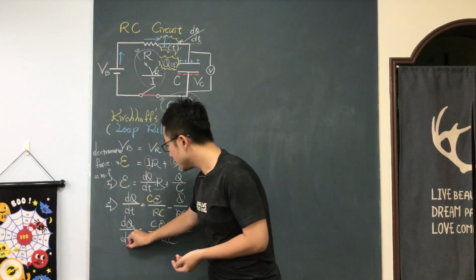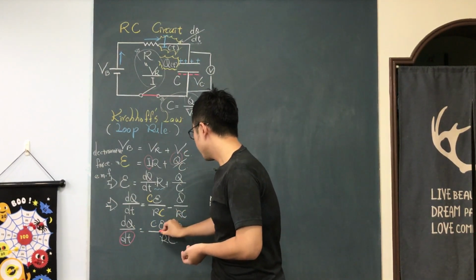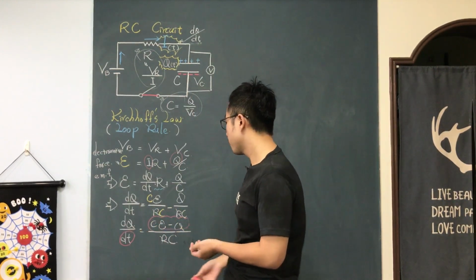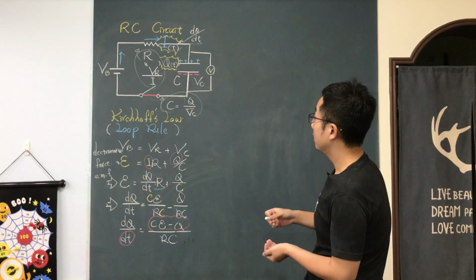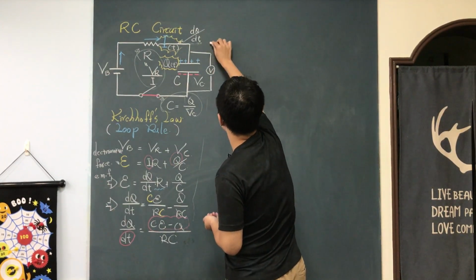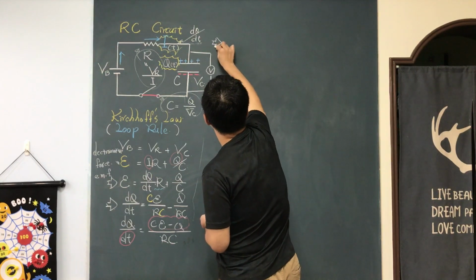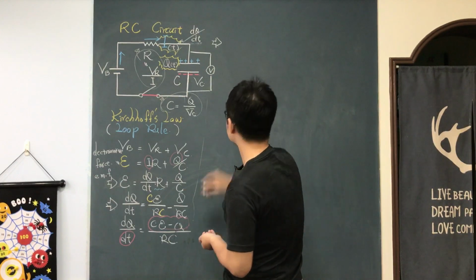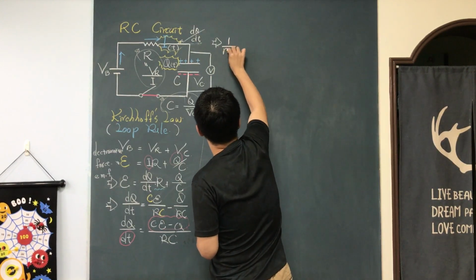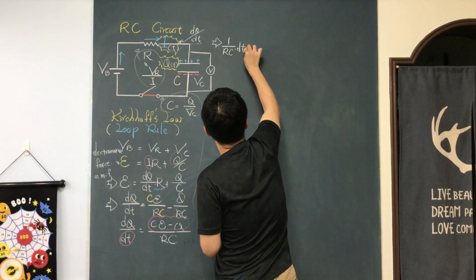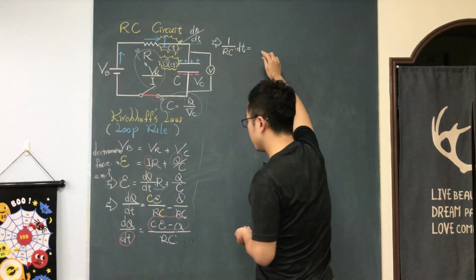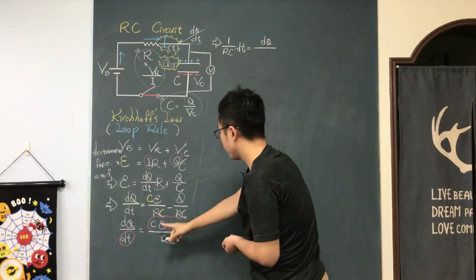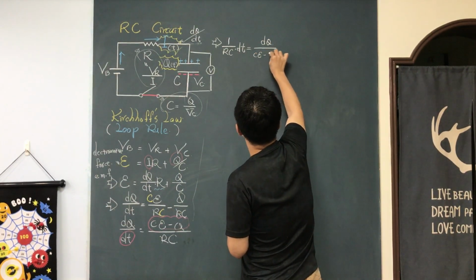I'm going to switch the dt and the CE minus q. So I can write it down right here. That will be 1 over RC times dt, and that will be equal to dq divided by CE minus q.